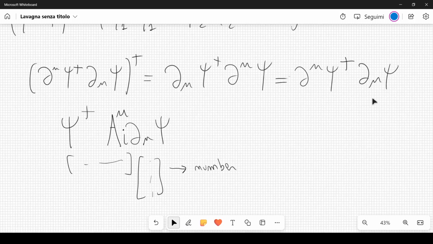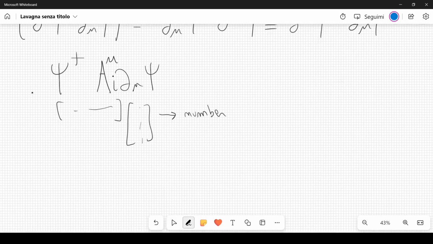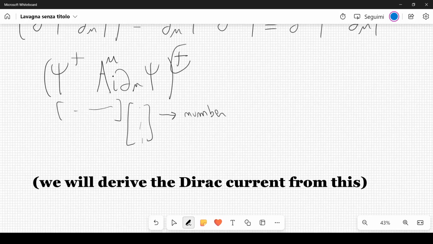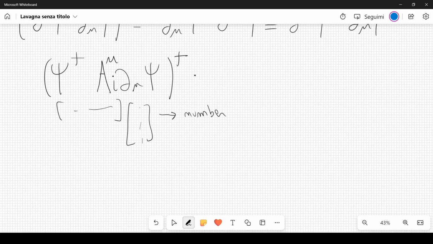And now let's consider the dagger of this. We want this to be basically the same. So if we take the dagger of this, we want it to remain exactly the same. Let's see if this happens.